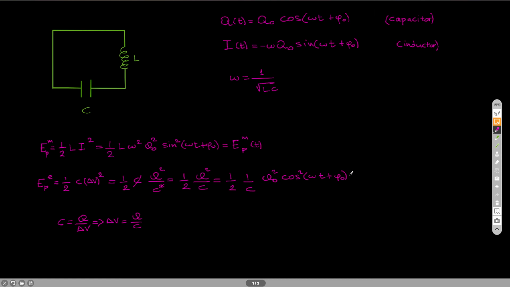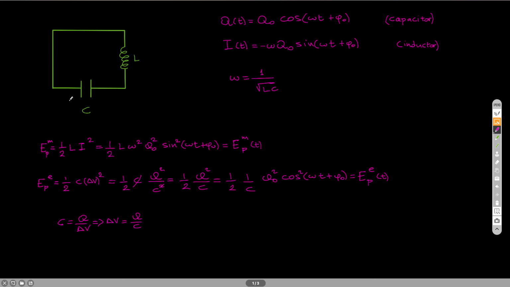Alright, so this is similarly the electric potential energy stored in the capacitor, and there is a time dependence since I have cosine squared of omega t. Now again, 1/2 1 over C and Q naught squared, those are constants. So in a similar fashion, the electric potential energy stored in the capacitor goes up and down forever, oscillating essentially between 0 and its maximum value.